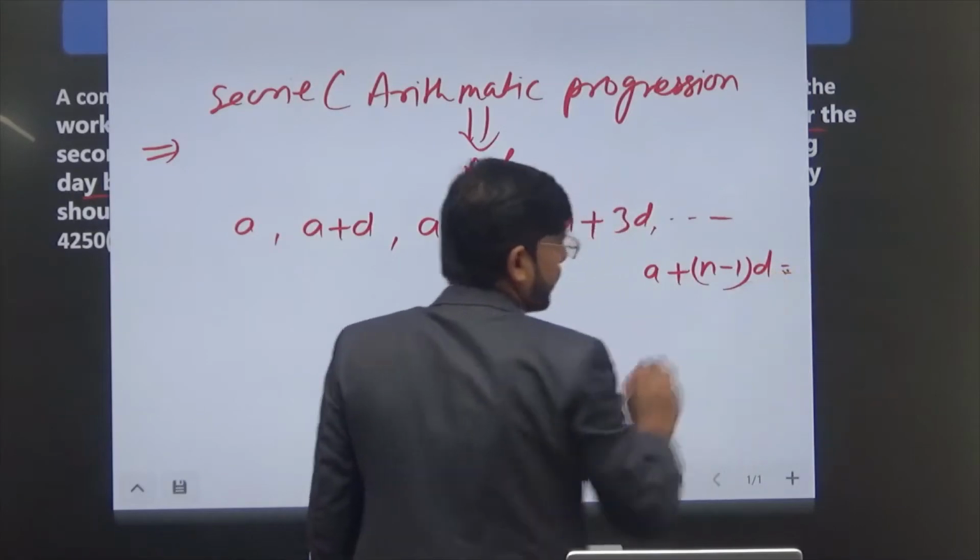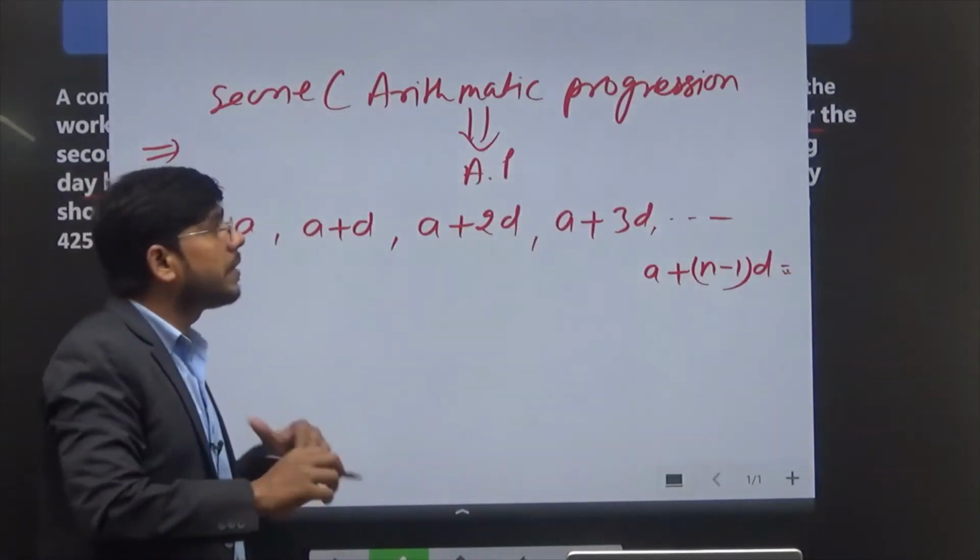This is the last term. This is a series which is in arithmetic progression.